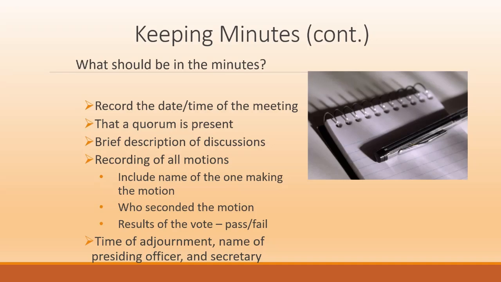Don't put that a motion passed 13 to 12. You should never put the vote as it is taken in terms of the numbers in your minutes, just whether it passed or failed. And last, the secretary puts the time of adjournment, who the presiding officer was, and the name of the secretary who took the minutes.